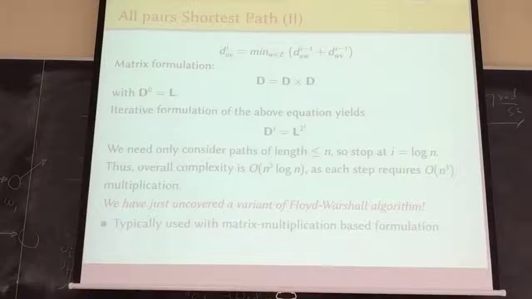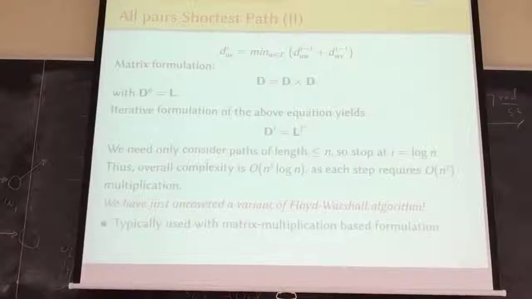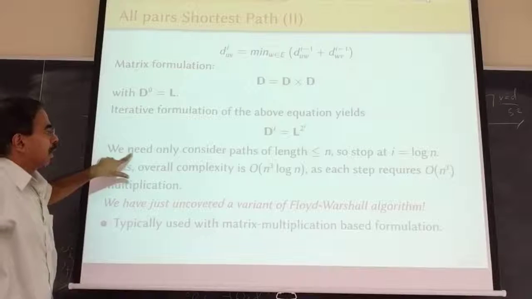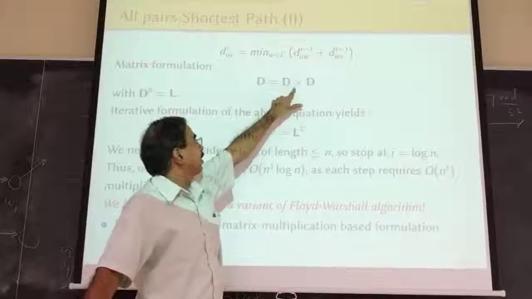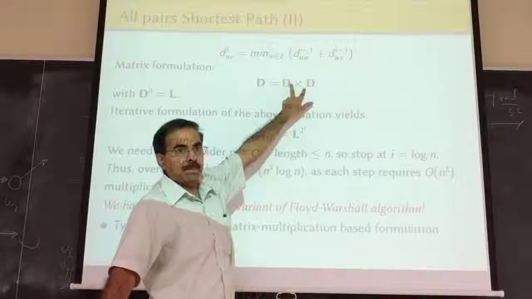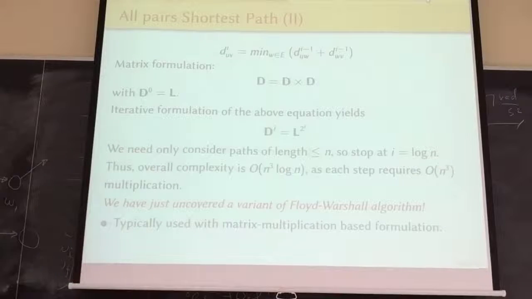Here again we are using the multiplication as addition and min. In all shortest path problems, you're going to use that formulation; the exact same formulation doesn't change. This matrix multiplication, where D is an n by n matrix, is going to take n cubed time, but we have to iterate only log n times, so we have total n cubed log n time.